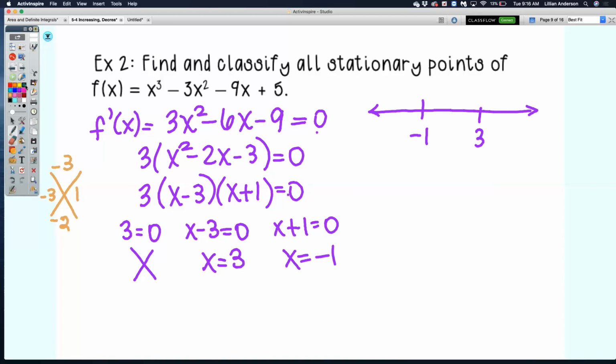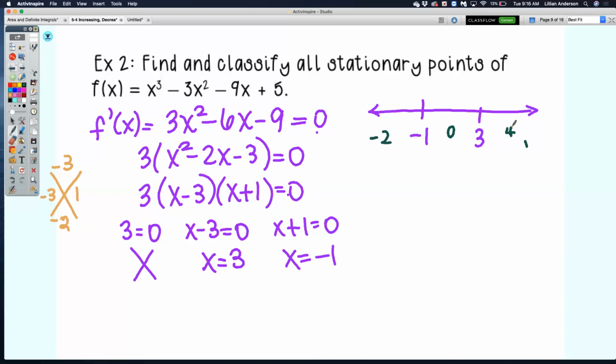I need a test point less than -1. I need a test point in between -1 and 3. And I need a test point bigger than 3, like 4. Now remember, I just need any point that's in each of those intervals. It could be any number as long as it falls in those intervals, because the result is going to be the same.